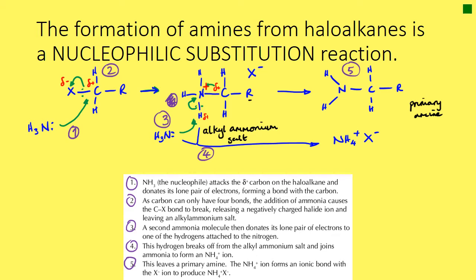And it's called a nucleophilic substitution reaction because the lone pair of the ammonia molecule is attracted to the positive charge of the carbon, which is sort of positive charges are like the charges on a nucleus.